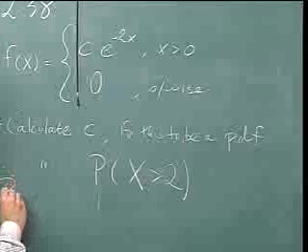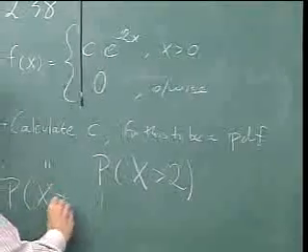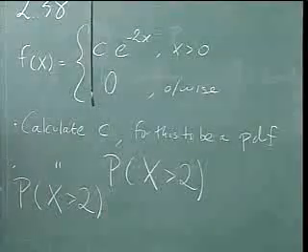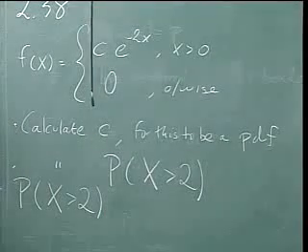So, the probability that x is greater than 2. We know for a general exponential it's just e to the minus lambda x, right?